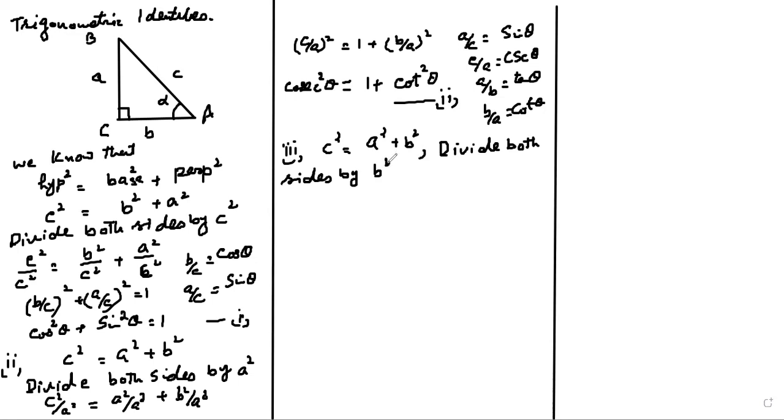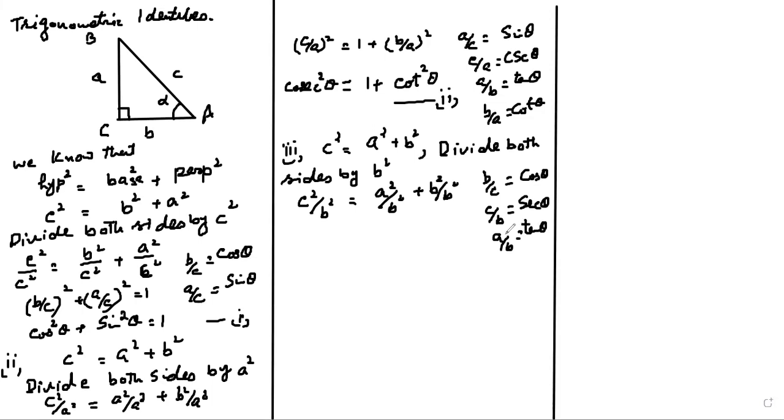So the left hand side is C square over B square equals A square over B square plus B square over B square. So again now B over C equals cosine theta, so C over B equals secant theta, and A over B equals tangent theta.